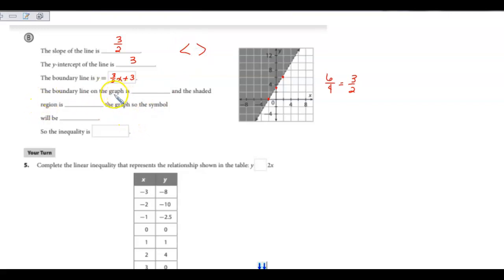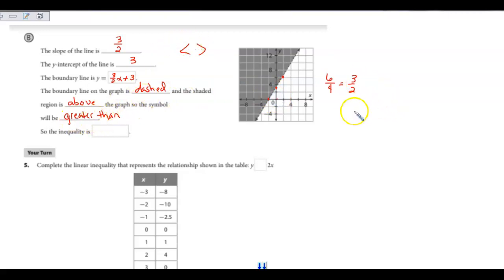So the boundary line is dashed, and the shaded region is above the graph, so because it's above, it should be greater than. We can test the origin, and that'll help us determine if we've got the correct symbol.